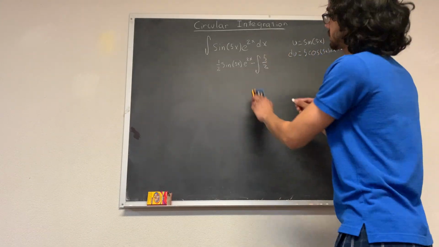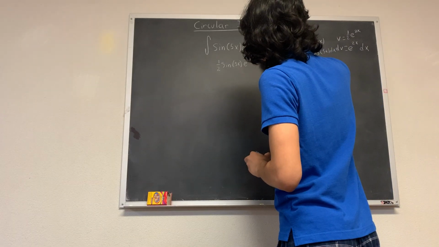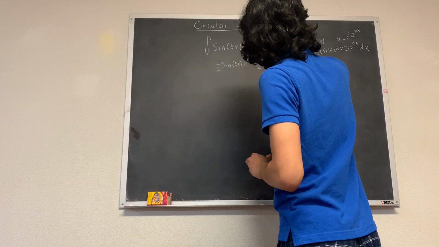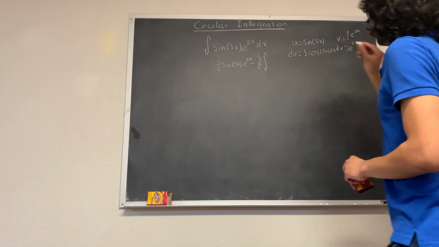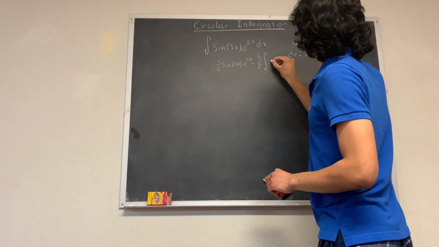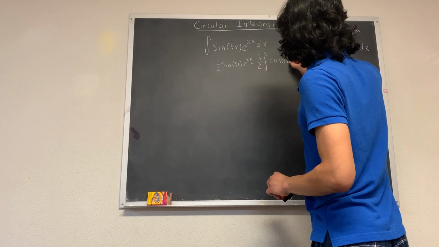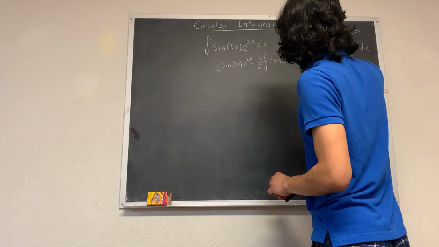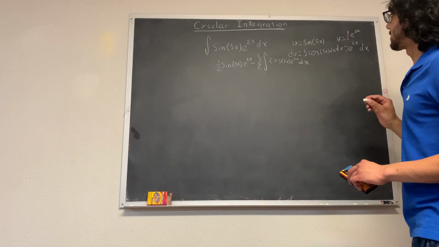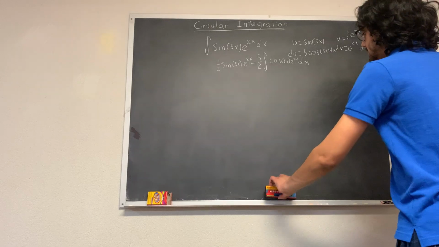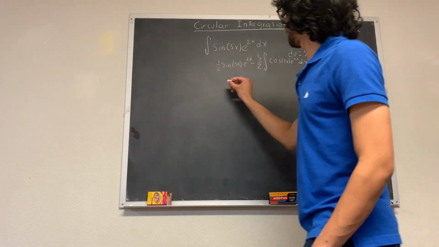And actually, I'm just going to bring this 5 over 2 out right now. Five over 2, we're going to have cosine of 5x e to the 2x. Sorry about that, that's a little bit mixed up in there. So now let's take the integral of cosine of 5x e to the 2x.